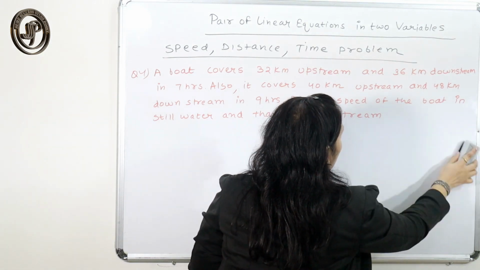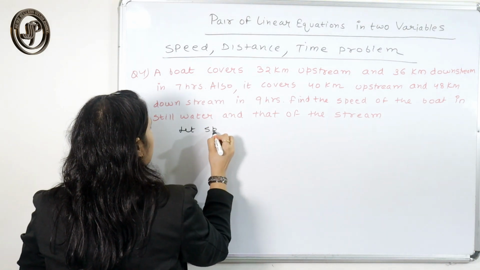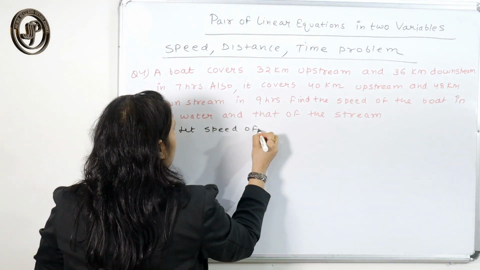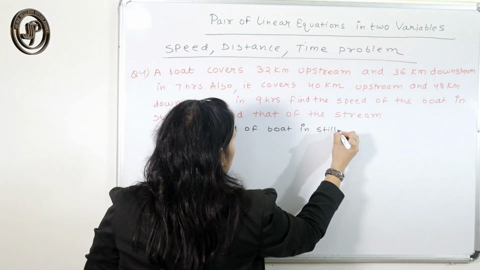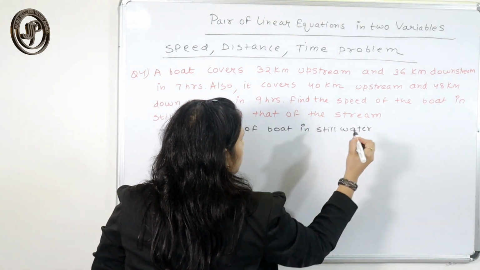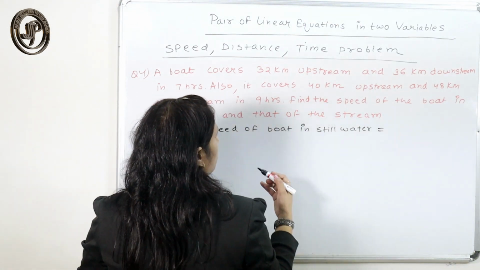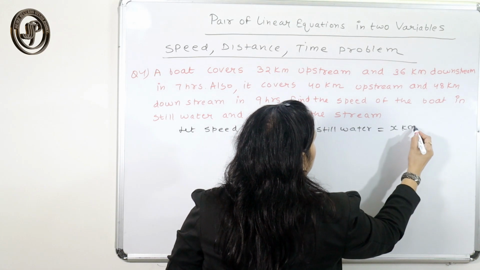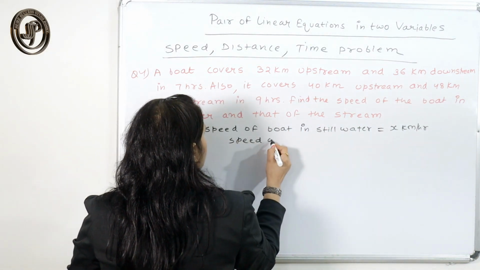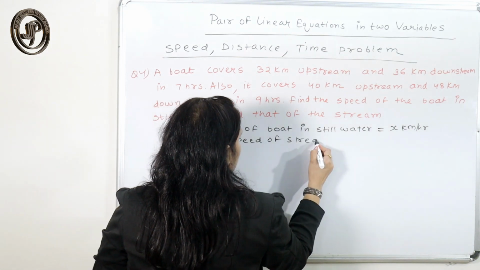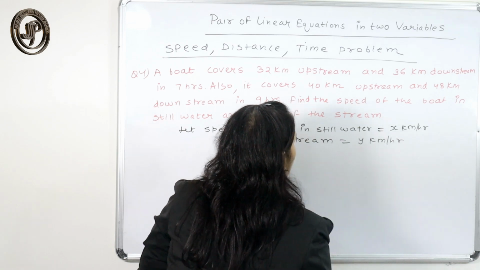So what will you write first? Let the speed of the boat in still water be x kilometer per hour. Still water means there is no speed of the stream. The speed of the stream is y kilometer per hour.